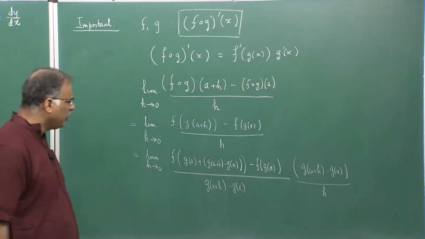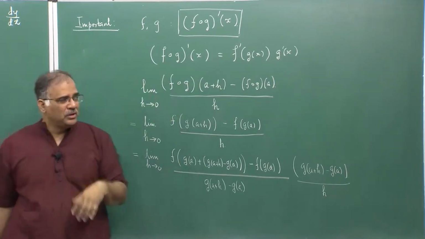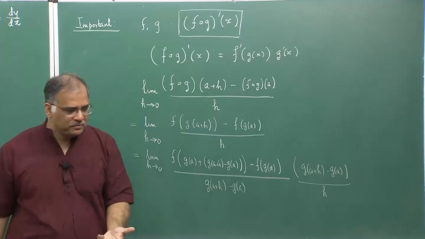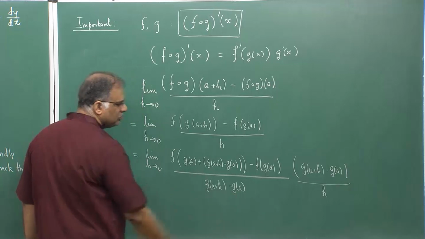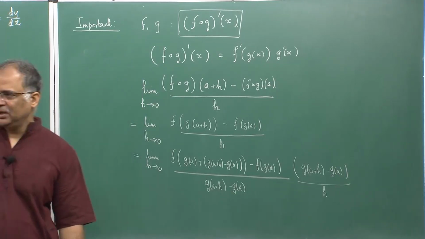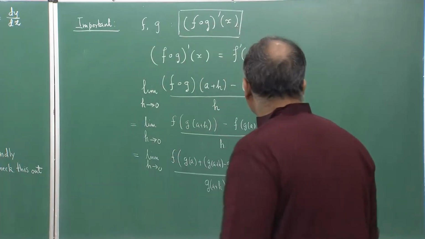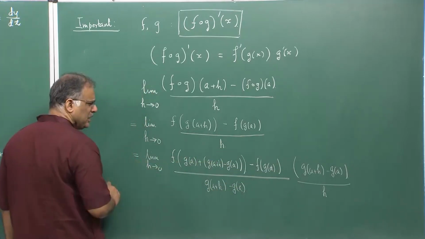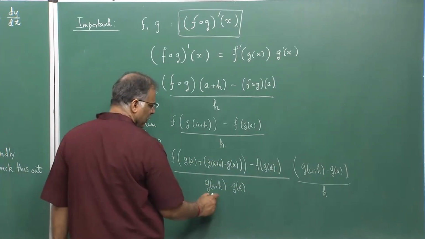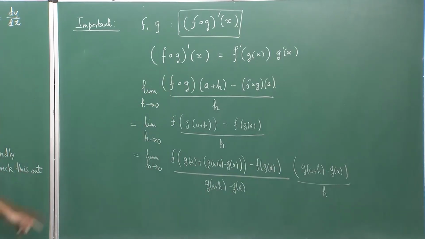So you say, oh, that is done, because of course for the definition of composition f must be defined on the range of g, and hence this g a plus h minus g a is acting as my h, or k basically, the increment. So what I did was I divided and multiplied by g a plus h minus g a. So this term simply tells you that okay fine.